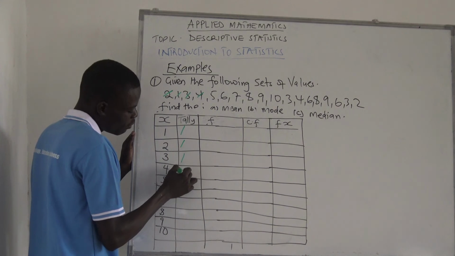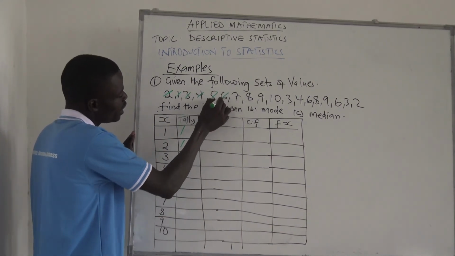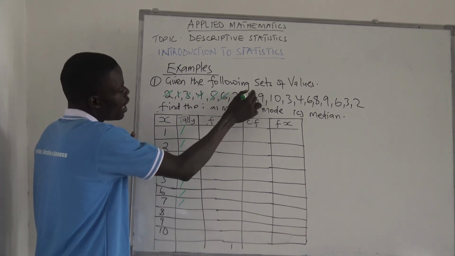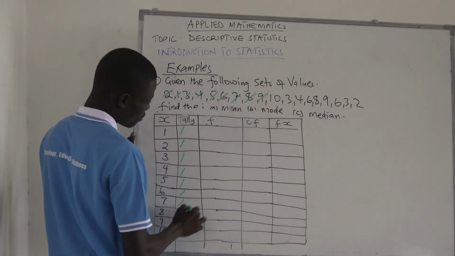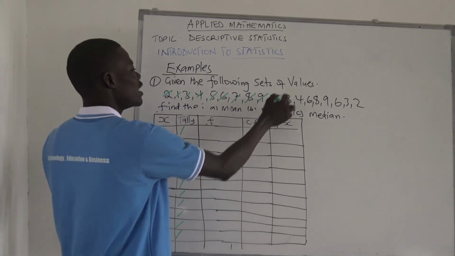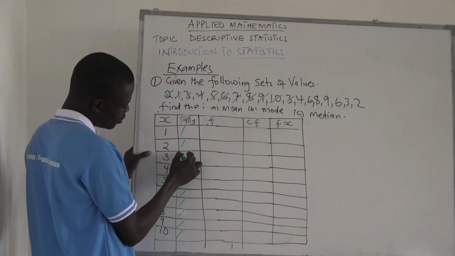Then we do it for all the values which we have, up to the last value, which is 10. And then this one is 3, then you come back, where is 3? 3 is here.